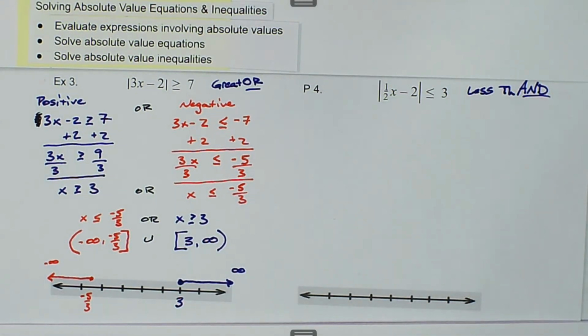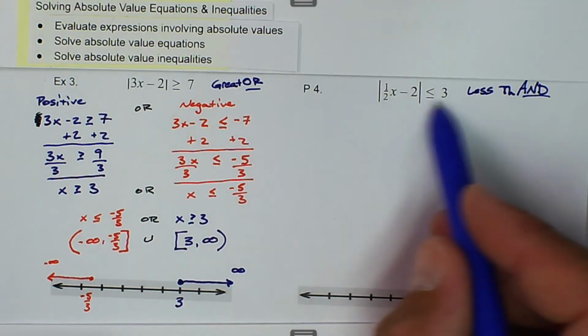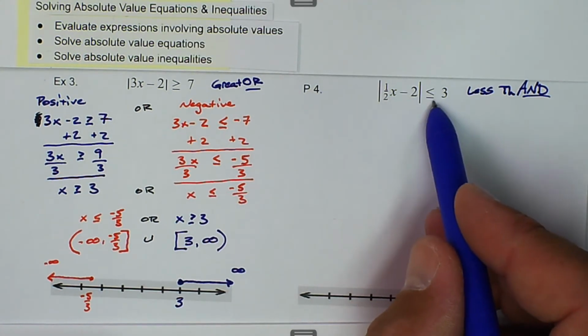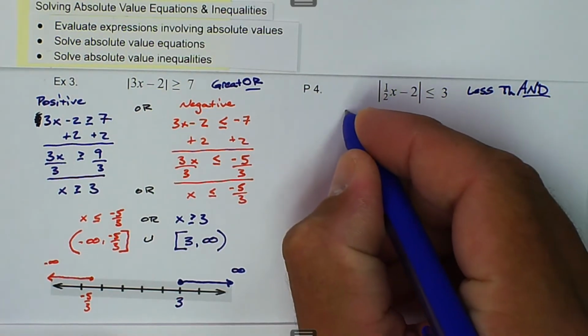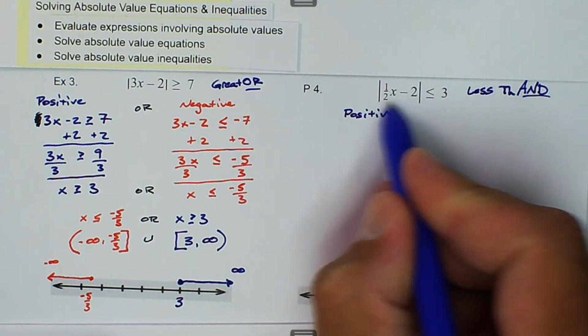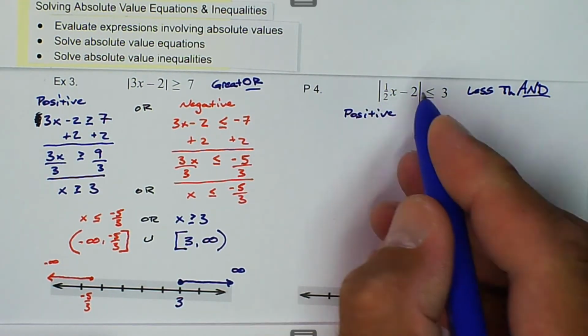Not spelled correctly, but that will help us remember what we need to keep in between our two inequalities. So we have it written down here. We want to get rid of that absolute value. So we want to do it once with a positive value in between the absolute value.